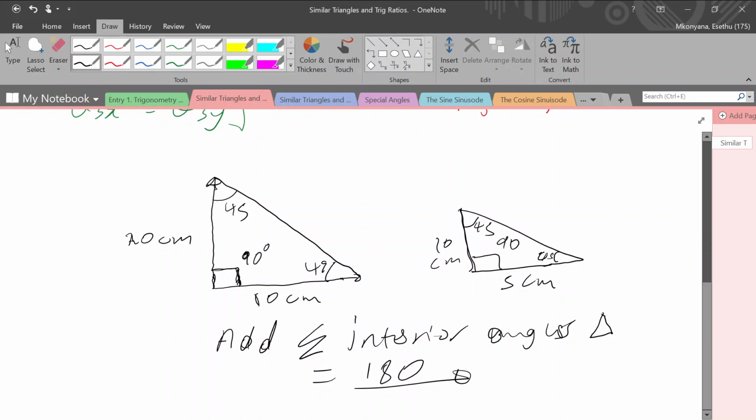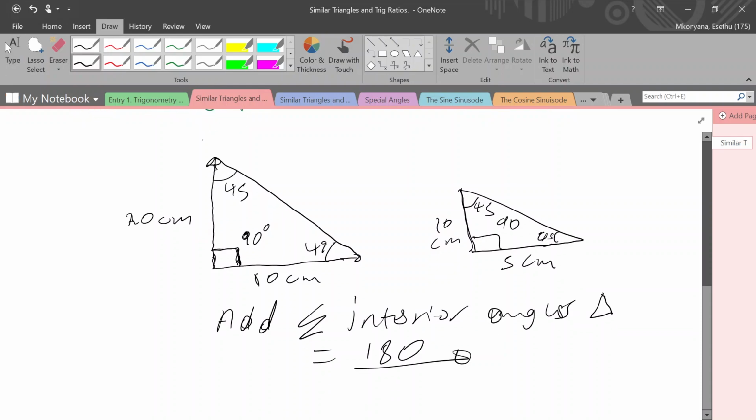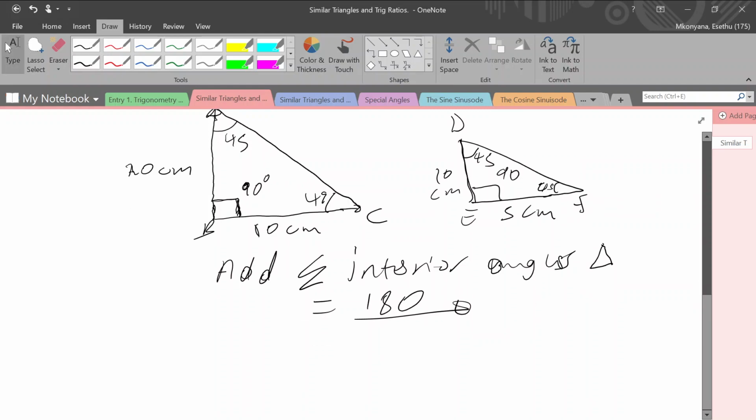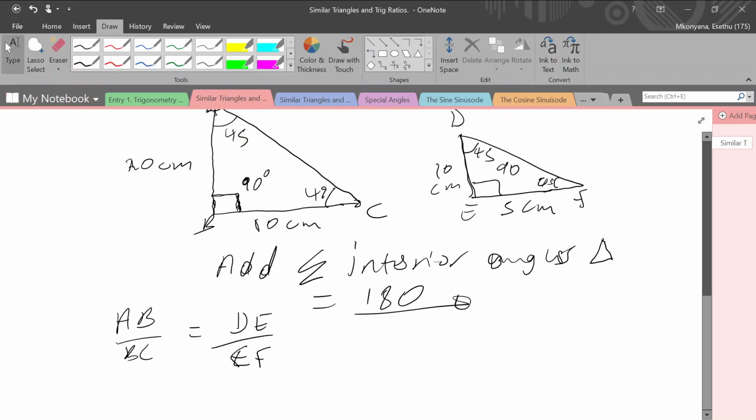And if you say this is side A, B, C, and then say D, E, F. Remember we said that for these to be similar, AB over BC must be exactly equal to DE over EF. Now, if you look at DE, what is DE?